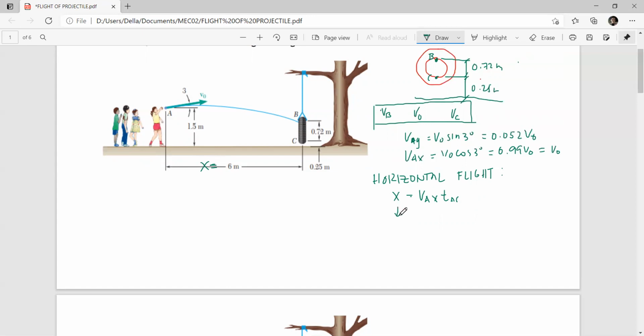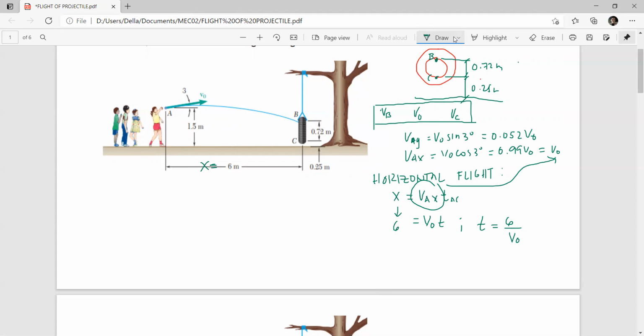We represent it as x equals 6. So this value is what we get here, velocity times time. Therefore, the time of the whole flight from A to C or B is equivalent to 6 over velocity initial.